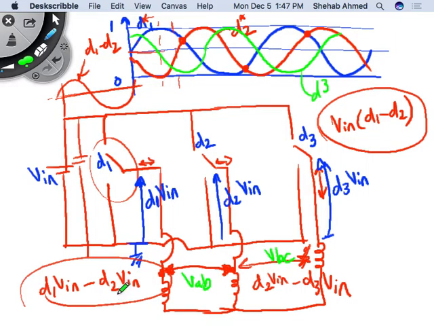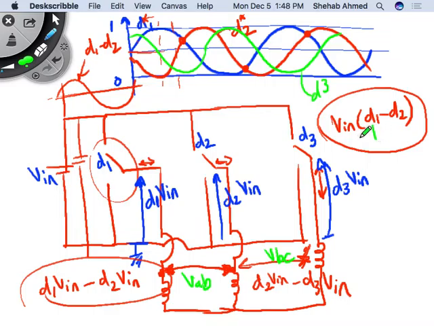Okay, so what is the peak value of the line voltage? Or just D1, or any of the D's? If D1 is 1 and D2 is 0, it's Vn. Can it be greater than Vn? What's the peak value of Vn?